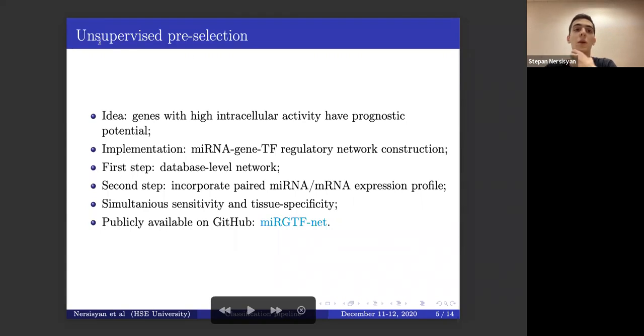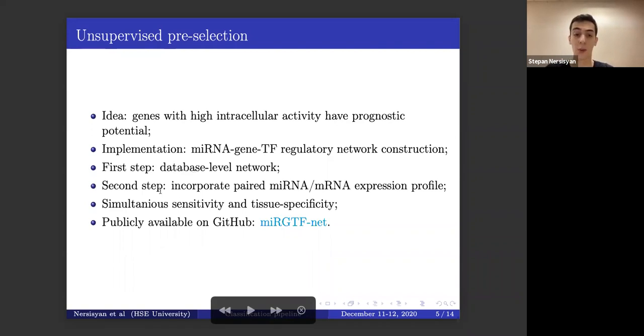And first, I would like to speak about unsupervised preselection. So the idea is that genes with high activity at intracellular level can have big prognostic potential. So for that, we perform miRNA gene TF regulatory network construction, composed of 2 steps. In the first step, we build the network using database level information.